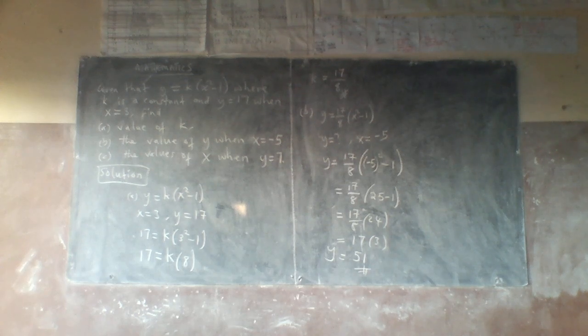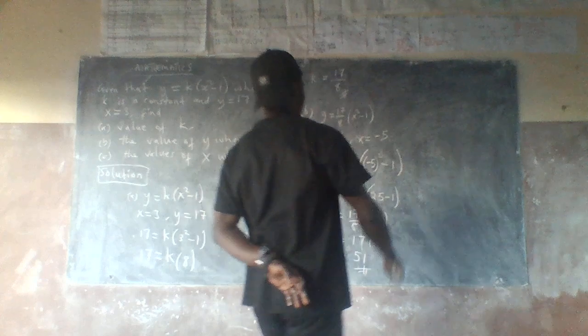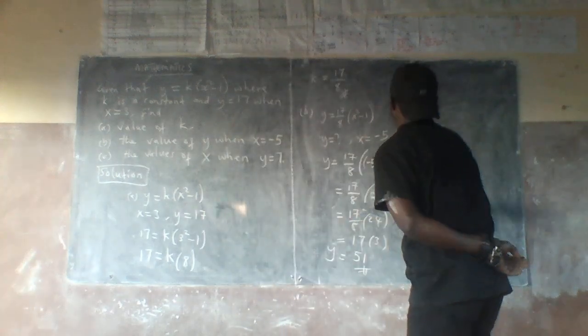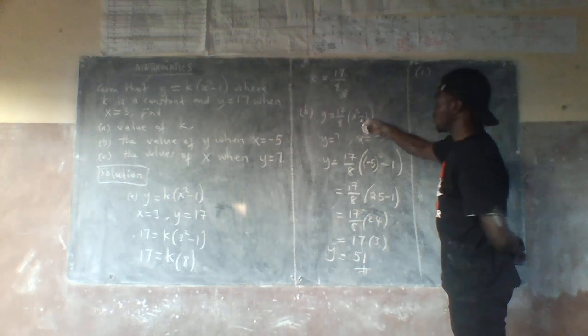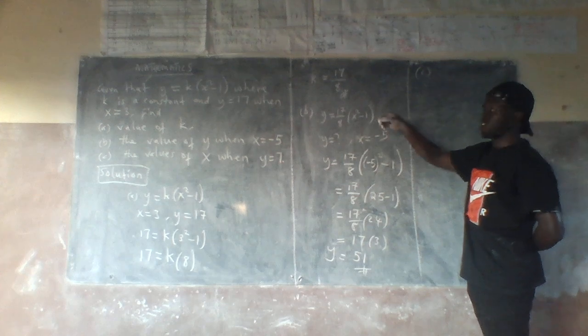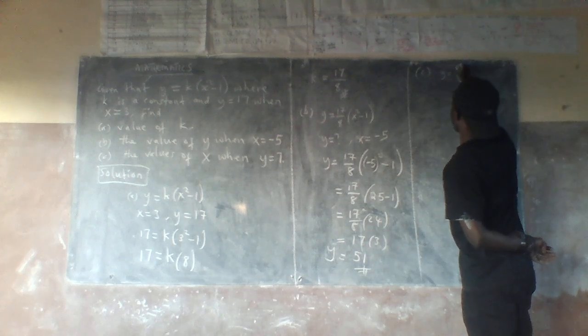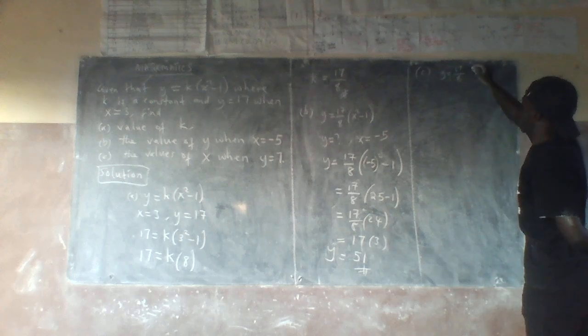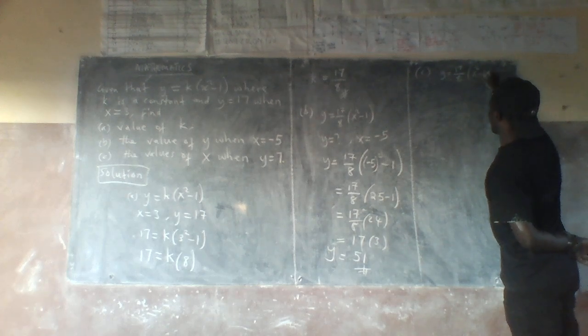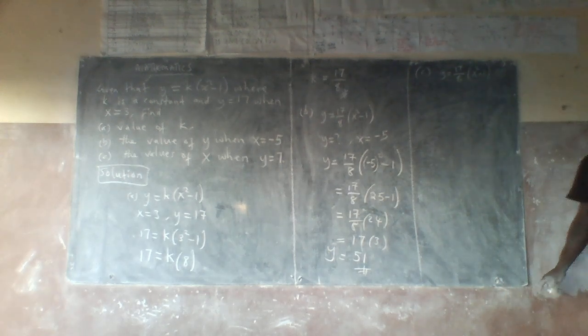Question 1C is saying the values of x. So we are going to use the same equation connecting x and y. This equation is very important. So that is why whenever you find the k value, you always have to replace it.